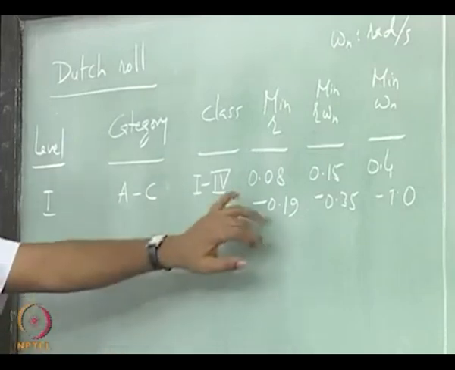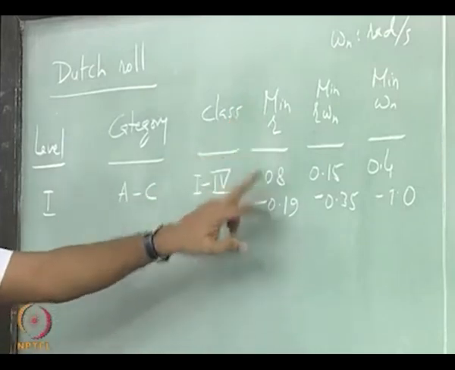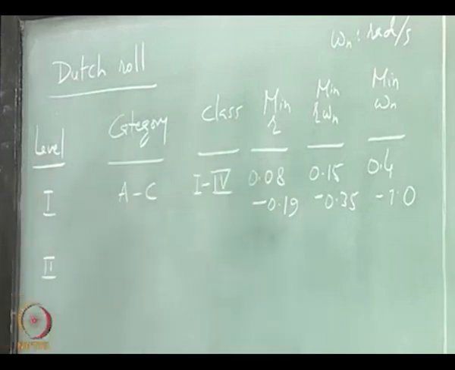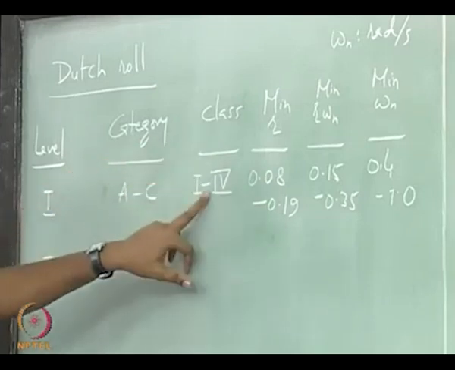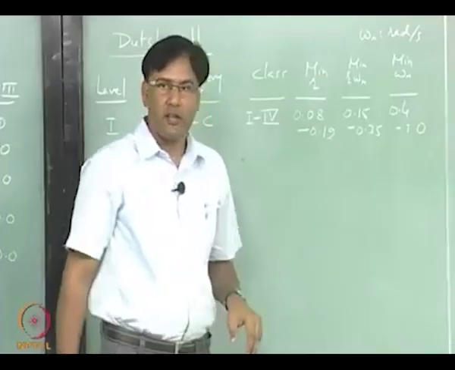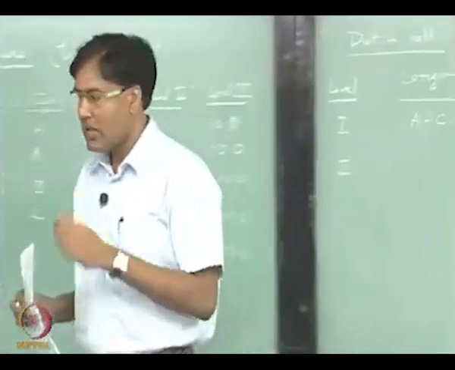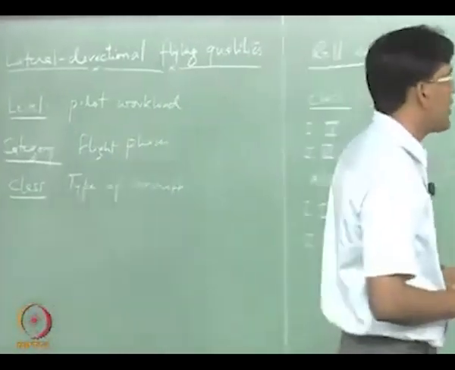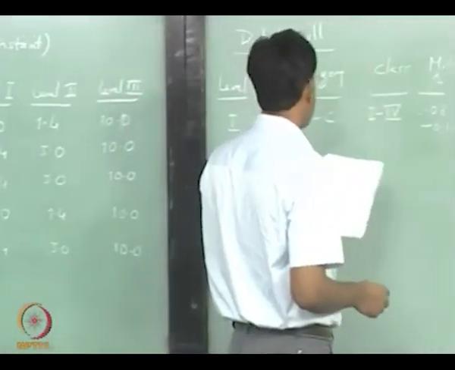So, you can look at this value of the damping ratio. So, category A aircraft level 1 class 1 minimum of damping should be 0.08. So, your aircraft should have damping which is more than 0.08 to have good flying characteristics in Dutch roll.